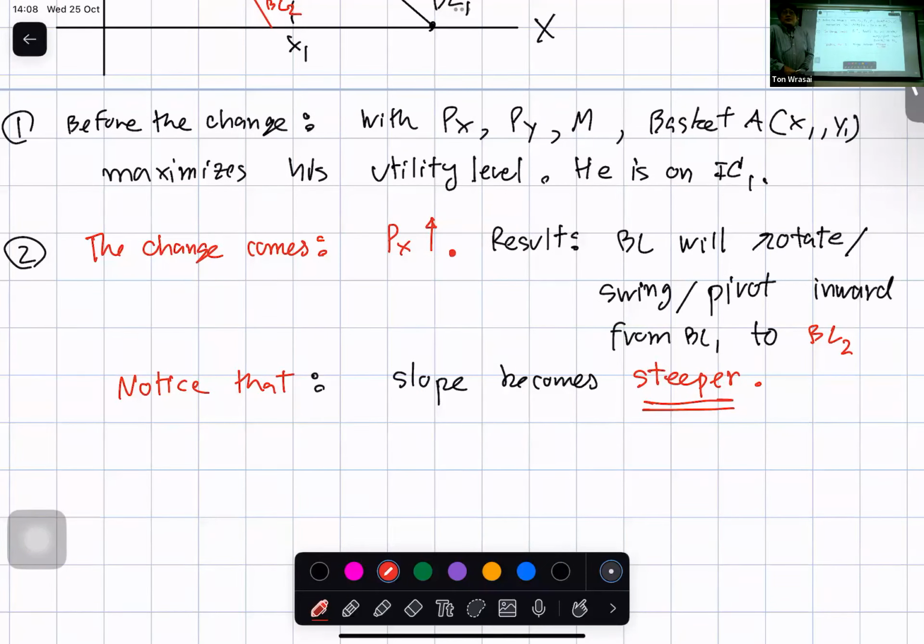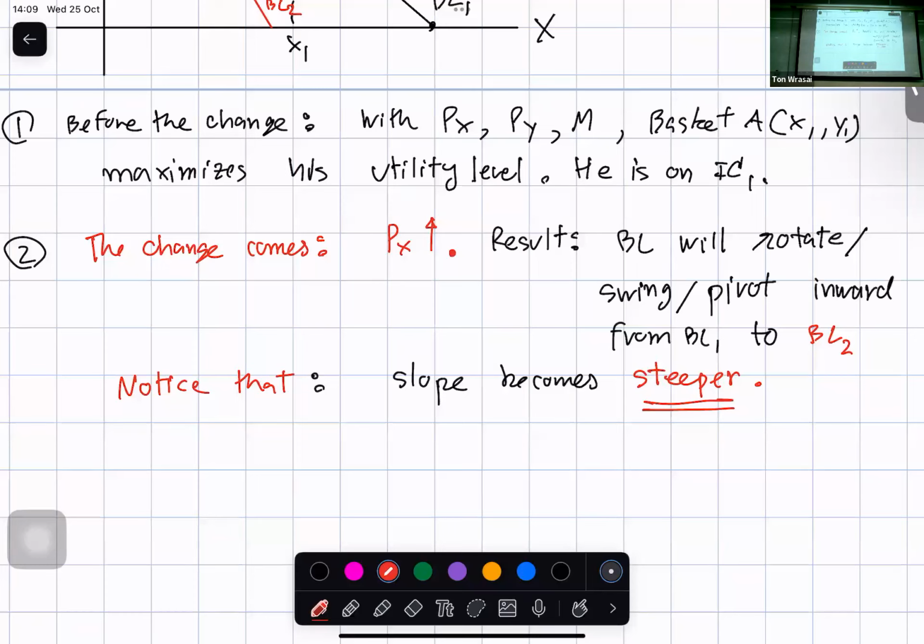So which one can you not read? Pivot, swing, or rotate. Maybe you want to come sit here. I just wonder which word you are trying to see.